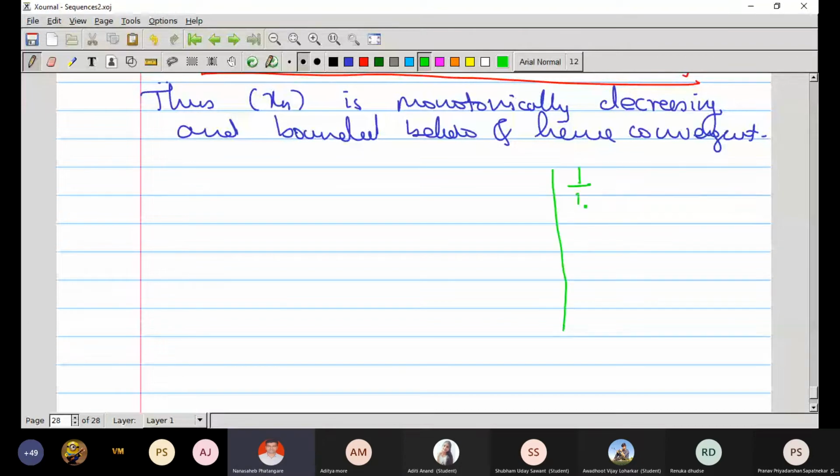Suppose what is the limit of the sequence 1 by n? 0. Right. Okay, now I will give you one more sequence yn. What is yn? 100, 500, 120, then 1, 1 by 2, 1 by 3, 1 by 4, 1 by 5, and so on. All the 1 by n terms. What is the limit of this new sequence yn?